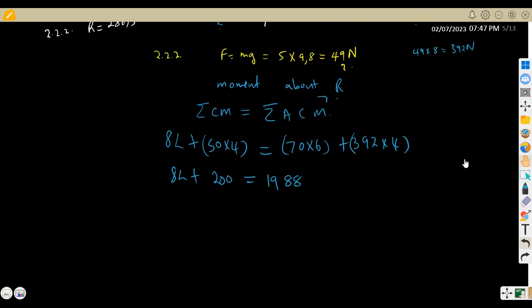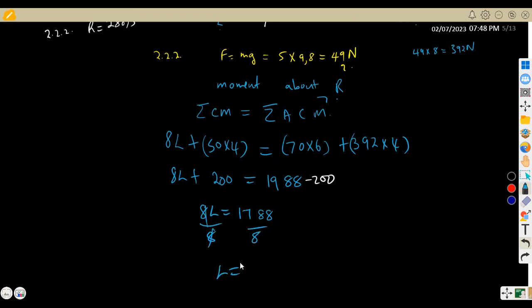From there, we can calculate our L. So 8L is equivalent, transposing here, to negative 200 on the other side. If you subtract 200 here, it's going to be 1788. If you subtract properly there, then divide by 8. So our L is going to be 223.5 Newton. So this is the L that you're going to obtain.